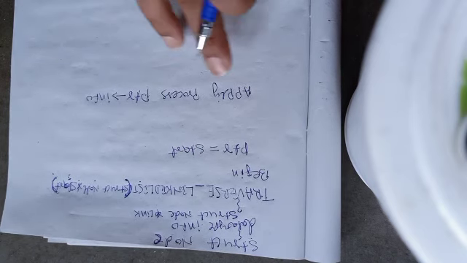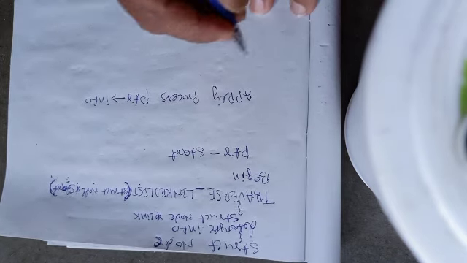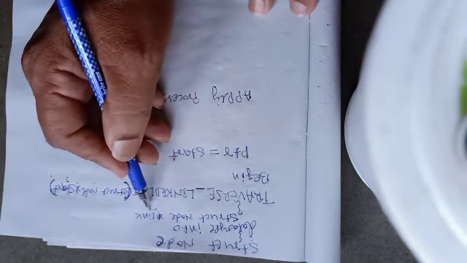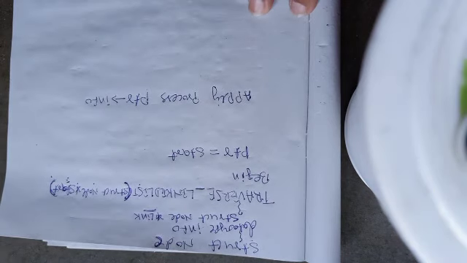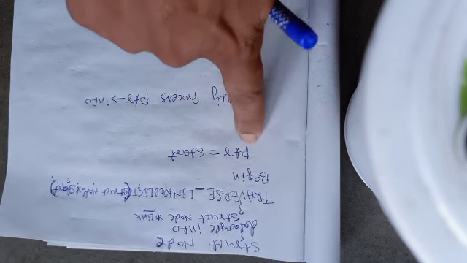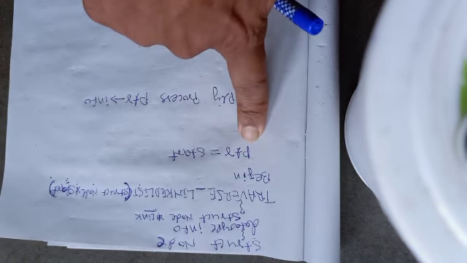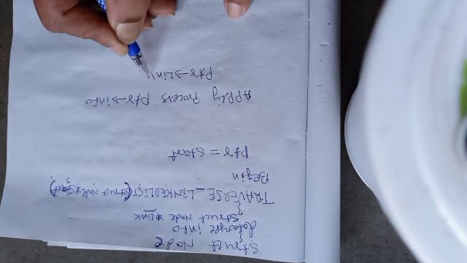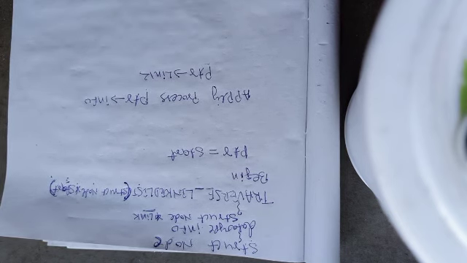Now after the first node is processed, we need the address of the second node. How can we get it? The address of the second node can be extracted from the link field of the current node. Currently the address of the current node is present in ptr, and through ptr if I refer to the link part, if I write ptr arrow link, this value will give me another address.